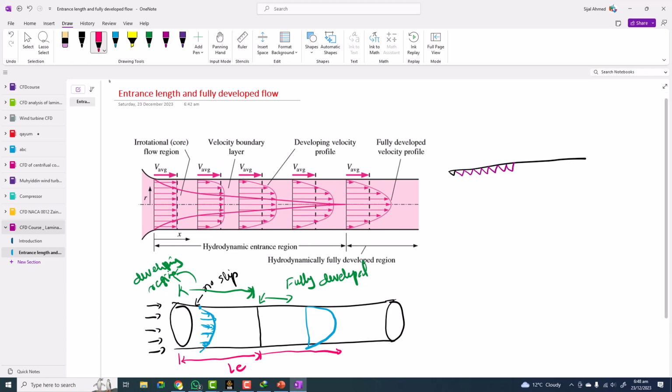This length can be of any value depending on the application. But for CFD purposes, for analysis, definitely we have to provide enough length so that we can analyze the problem. So this is the case we have here. After this point onwards, the velocity will no longer be changing.